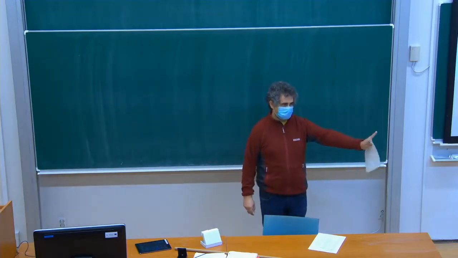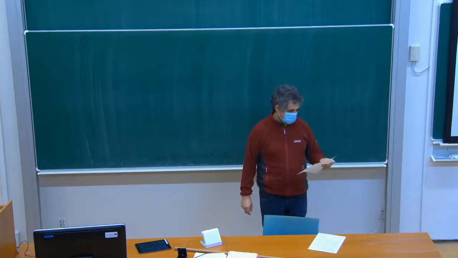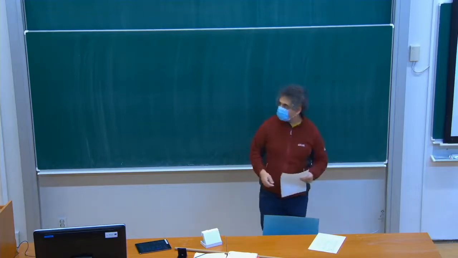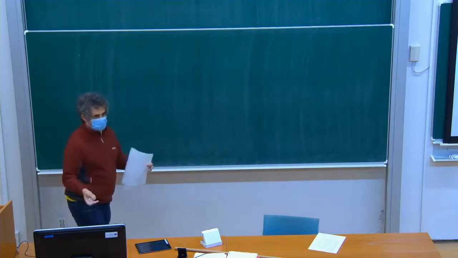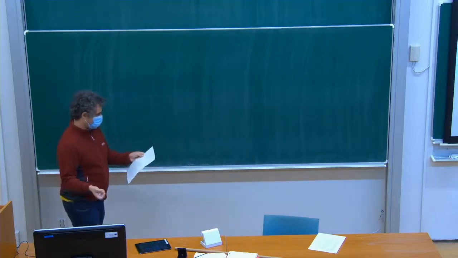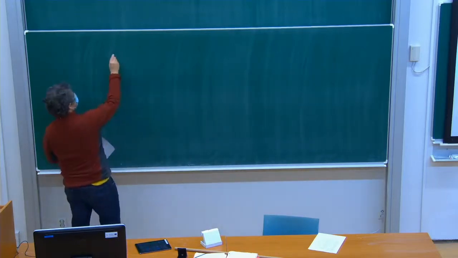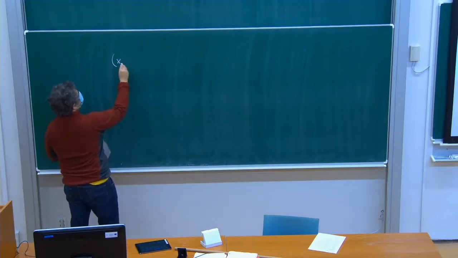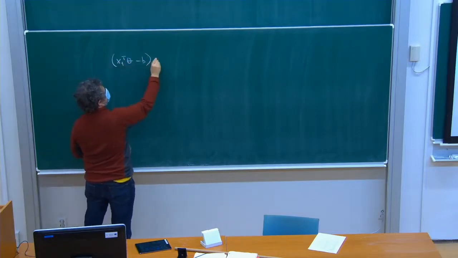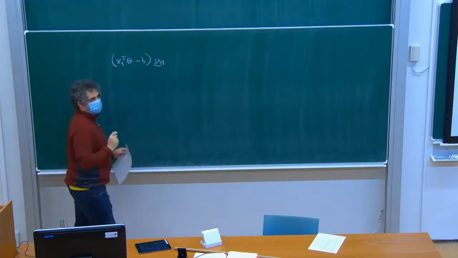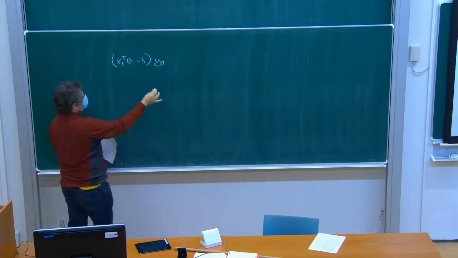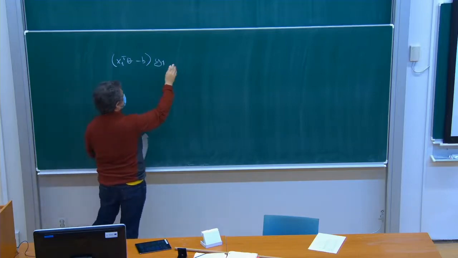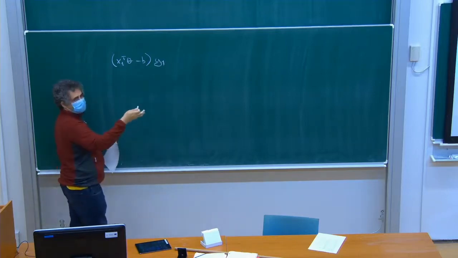Let's keep that on the side. So we probably want to have a constraint for each case. So the constraints will probably have something like x_1 transpose theta minus b times y_1, and we want to do something, we don't know what to do with that.